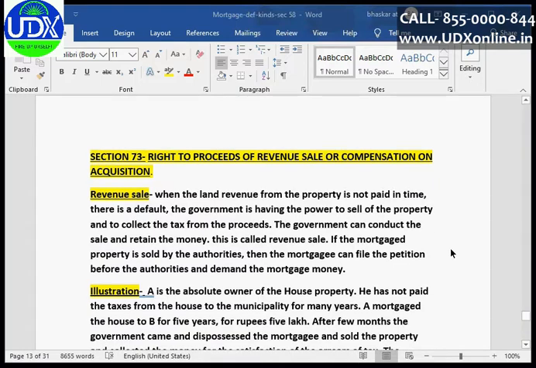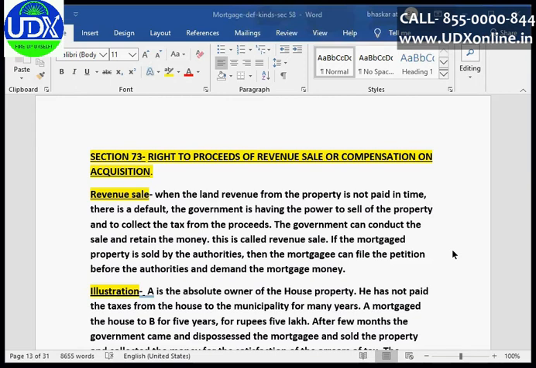See, read it. When the land revenue from the property is not paid in time, there is a default. The government is having the power to sell off the property and to collect the tax from the proceeds.